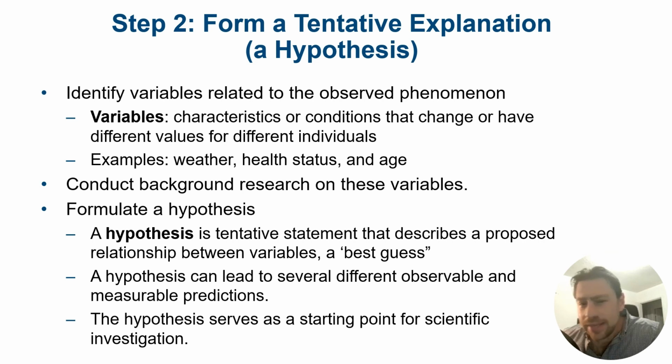And a variable is simply any characteristic or any condition that can change between individuals, that can take on different values. For example, age, weight, height, income, political orientation, number of swear words used per hour. Any of these can be variables.